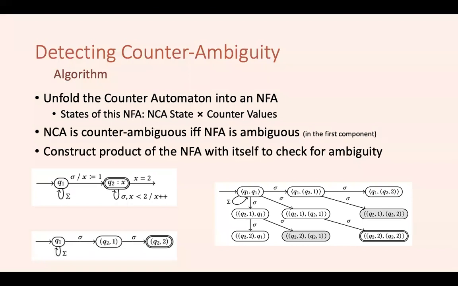For example, the states in gray exhibit counter ambiguity because we are able to go to the same state but with different counter values. Those are a witness that if those were the inputs, that would exhibit the counter ambiguity situation.